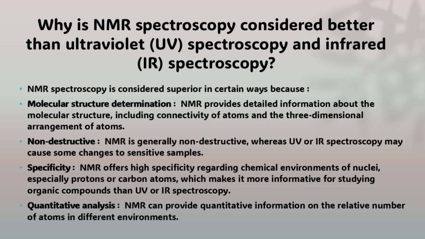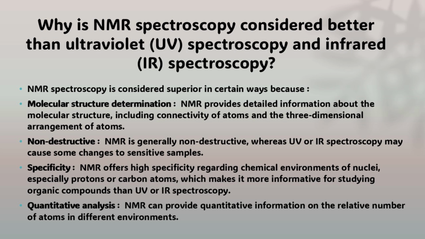The second reason is, NMR spectroscopy is non-destructive in nature. NMR spectroscopy is generally non-destructive, whereas ultraviolet or infrared spectroscopy may cause some changes to sensitive samples. NMR spectroscopy or PMR spectroscopy is highly specific.